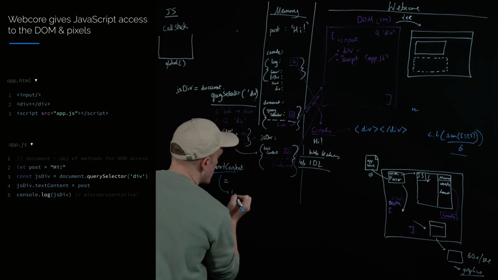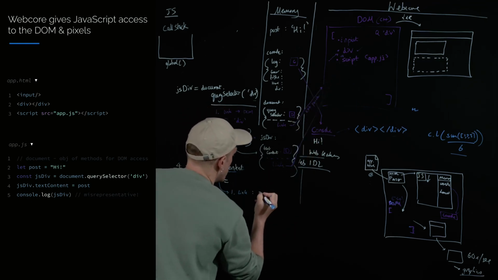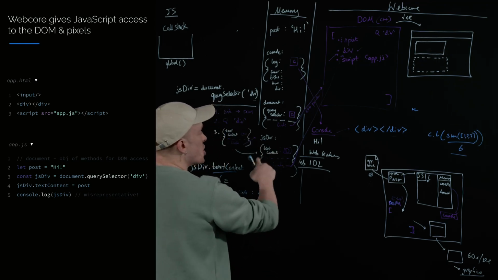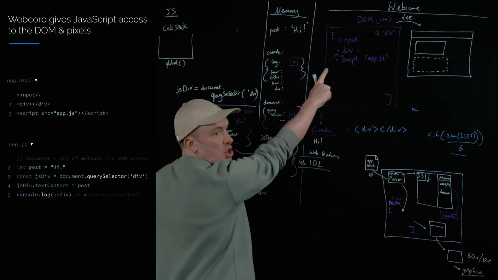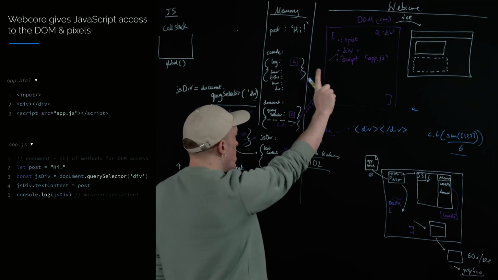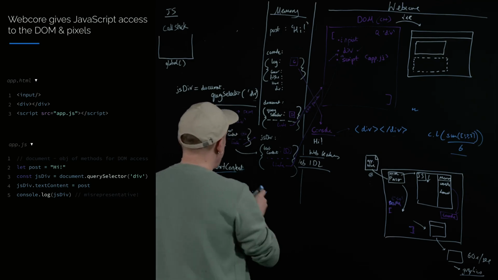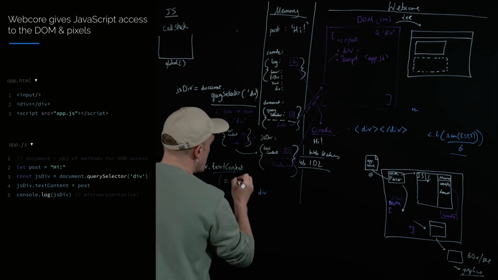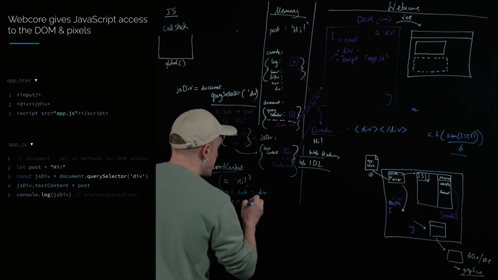One, it goes and looks at the link. In this case, it's a link to which element, Ian? A link to the JSDiv. Yeah, so JSDiv is our JavaScript label for it, which has a link to our DOM div element. Spot on. And then we are going to take the value of post, which is hi, and we are going to set.